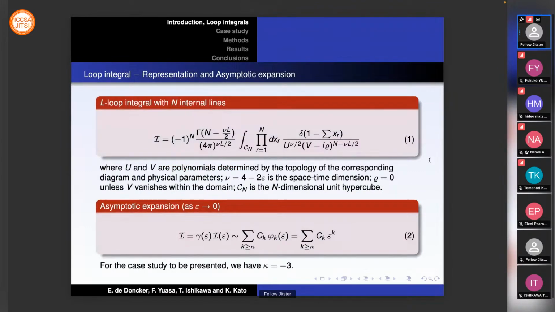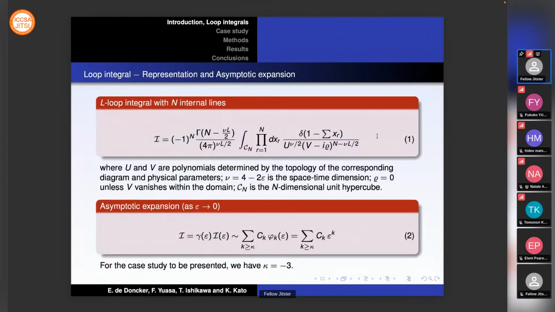So here on top is a general representation of a loop integral with L loops and N internal lines. You see the nu, which is the space-time dimension, and which is made a function of epsilon. Nu is 4 minus 2 epsilon.